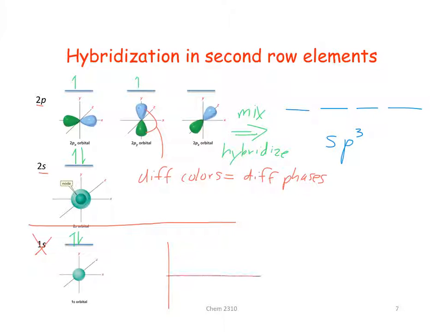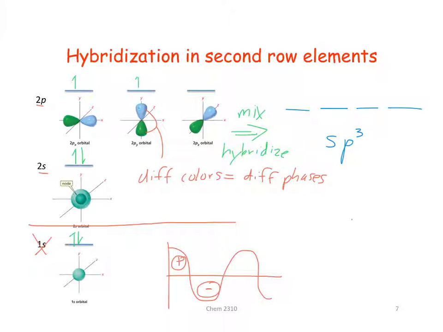So if we had something like a sine or cosine, we'd have something like this, and we might have plus and minus down here. It's just the sign of the function.